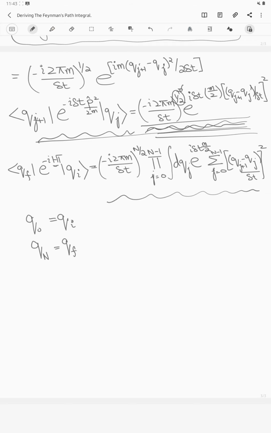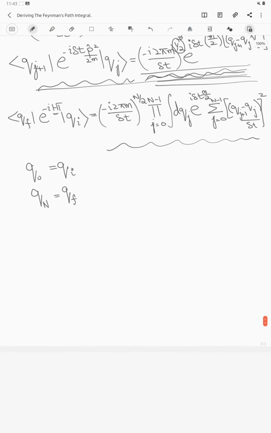Now I know those are some fancy words, but it just means that we are going to simply let δt tend to 0.